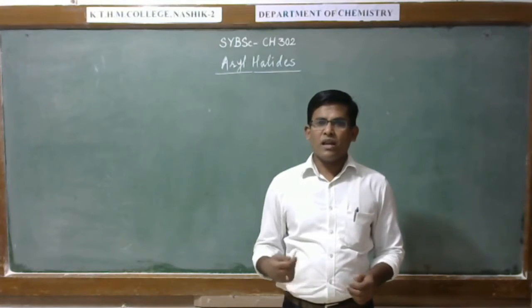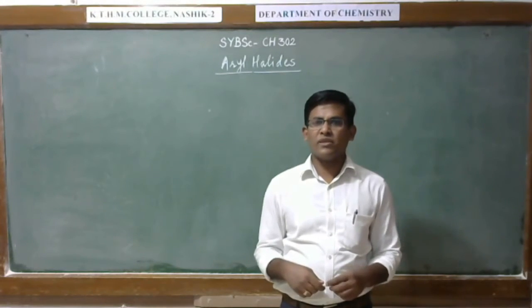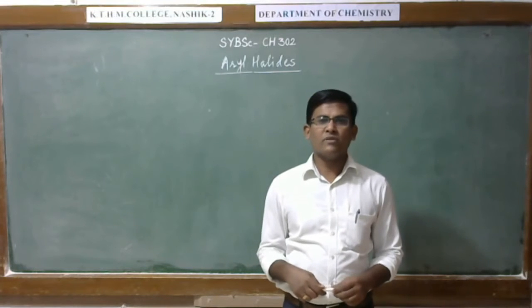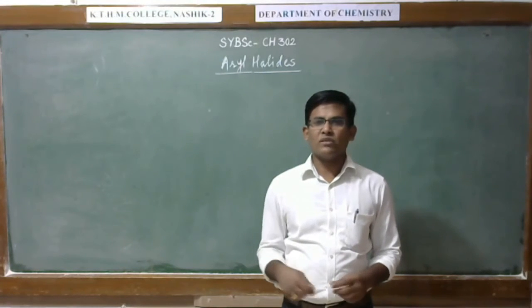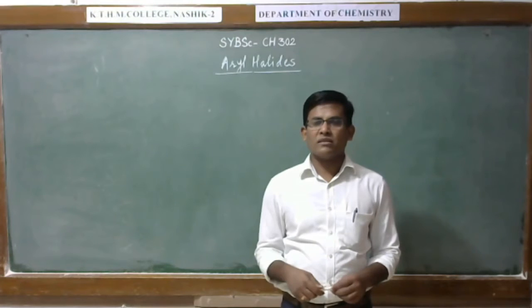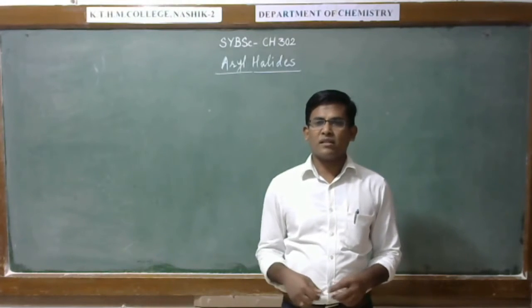Aryl halides can react with metals like lithium or magnesium to give organometallic compounds, for example, Grignard reagent.